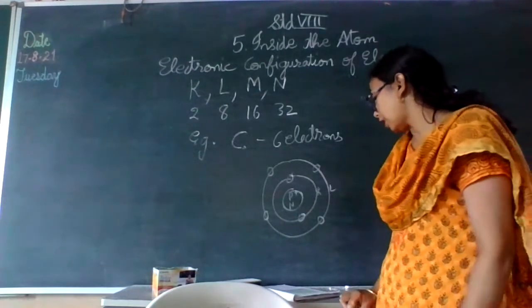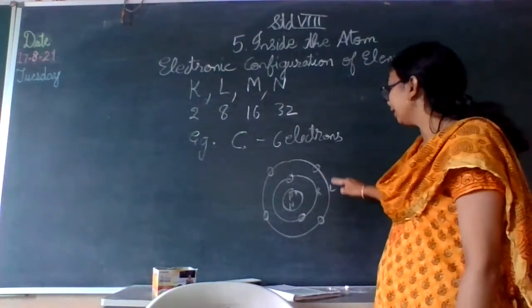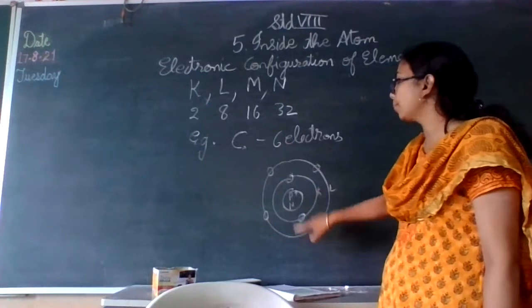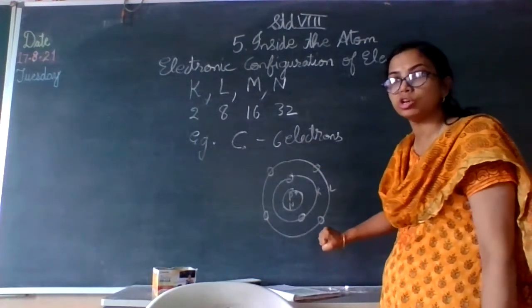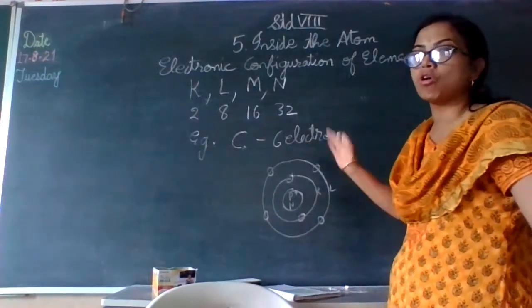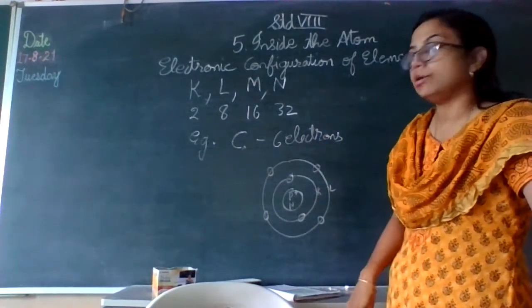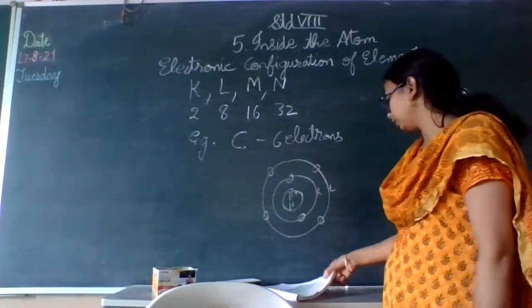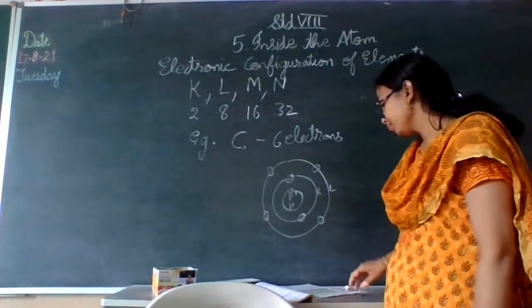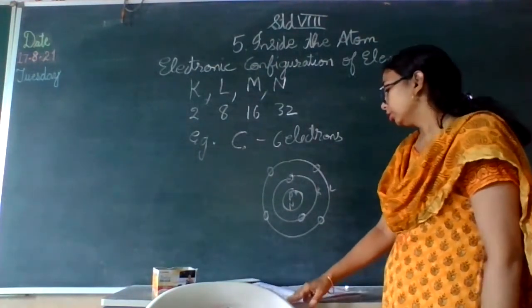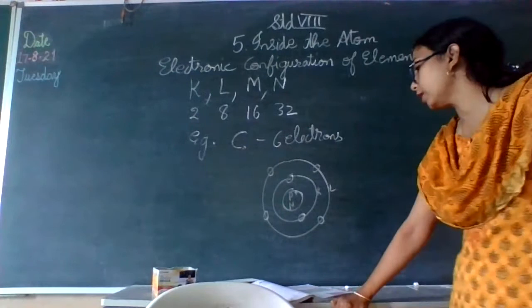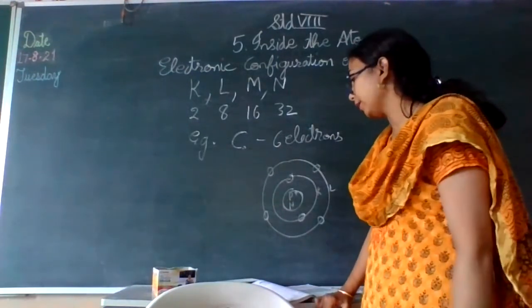We can say that the electrons which carbon can accommodate in its outermost shell, it can borrow from some other element and make a compound with that element. For other elements also you can make it that way.